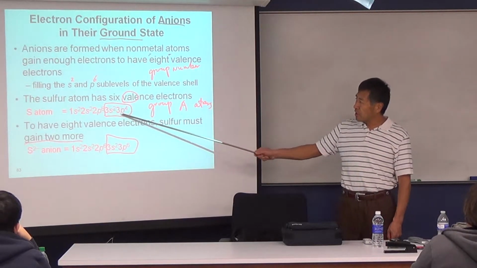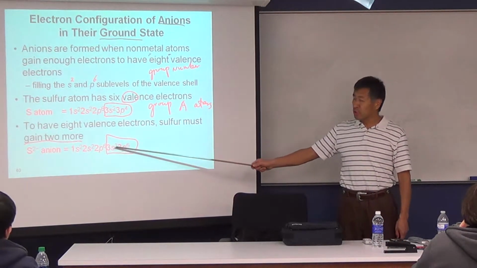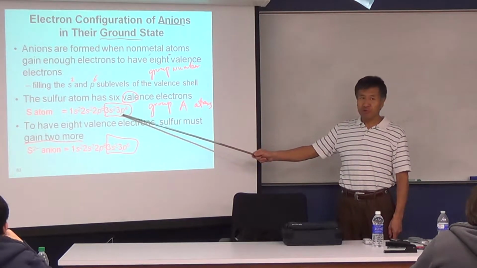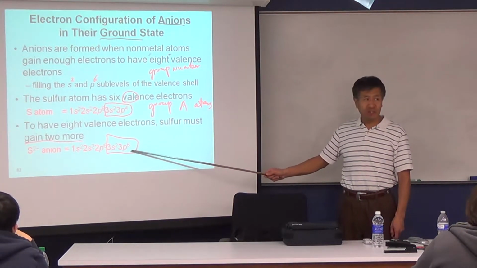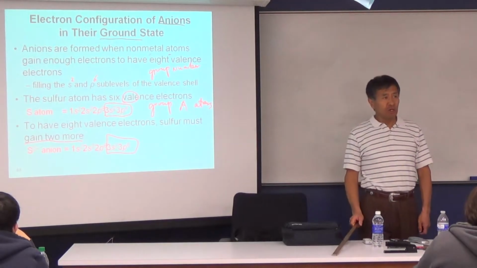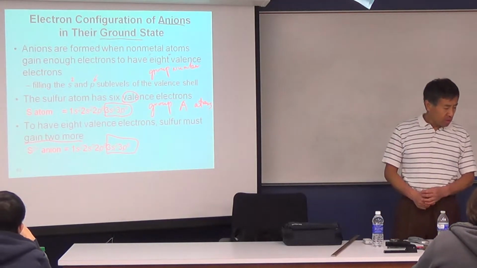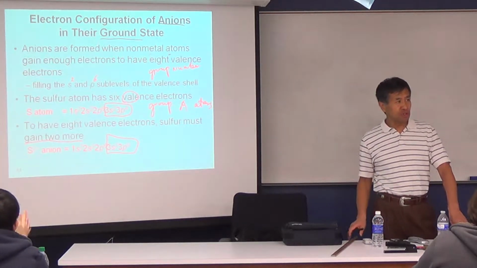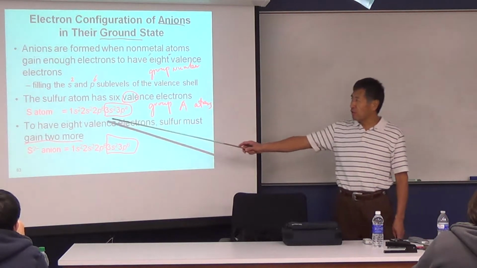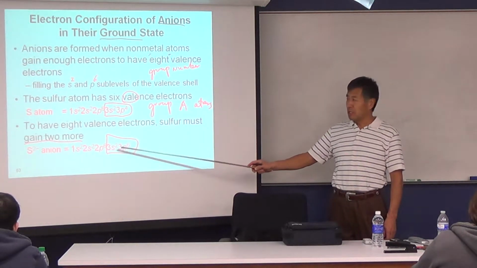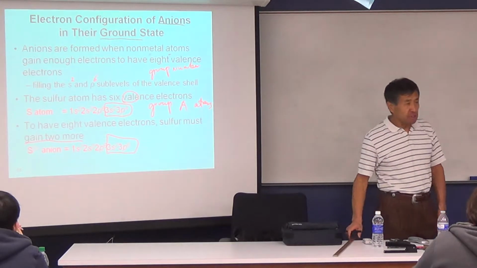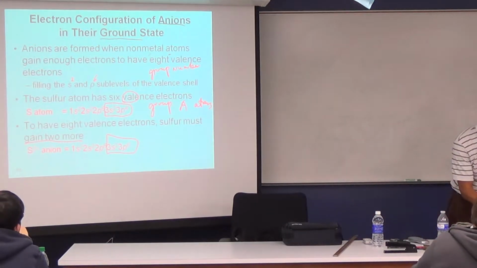You compare this one with this one, the 3s is still the same. The only difference is the 3p4 becomes 3p6. And that tells us this sulfur gained 2 extra electrons. You obviously see the sulfur atom is 3p4, and here it is 3p6. So 2 more electrons, and therefore that becomes S2 negative.